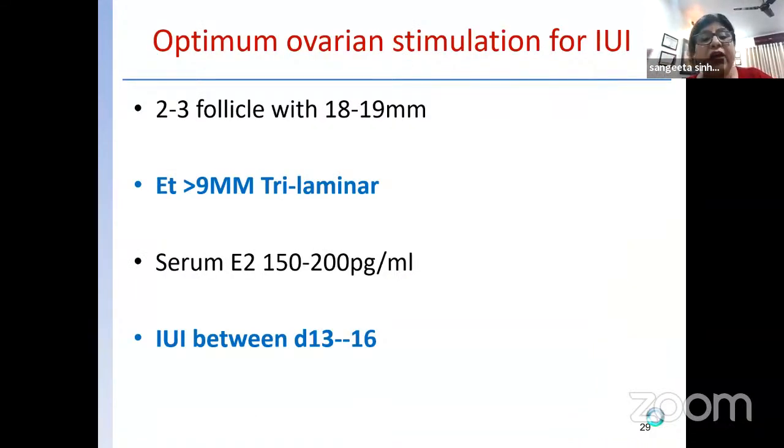And yes, for the IUI, we need this optimum: 2 to 3 follicles of 18 to 19 millimeter, triple-line endometrium, E2 of 150 to 200, and IUI between D13 to D16. So this is a happy cycle you have done. Yes, the result is 20%, 25% max. But this is the ideal stimulation for IUI, and beyond this, you are making a mess.